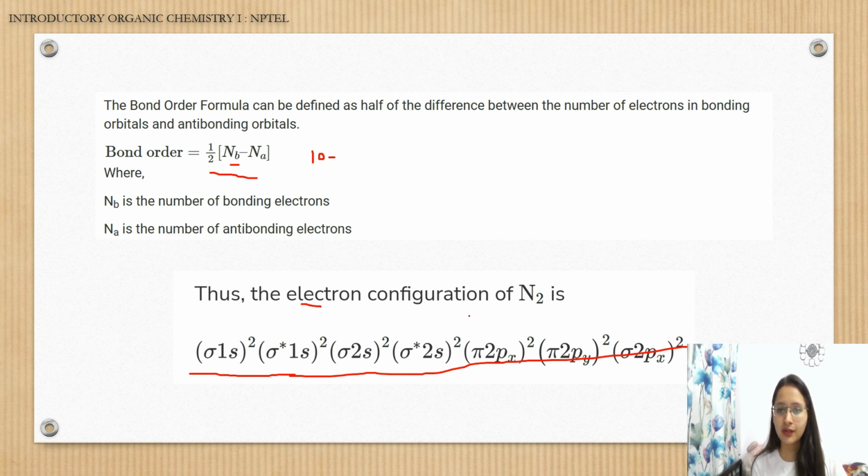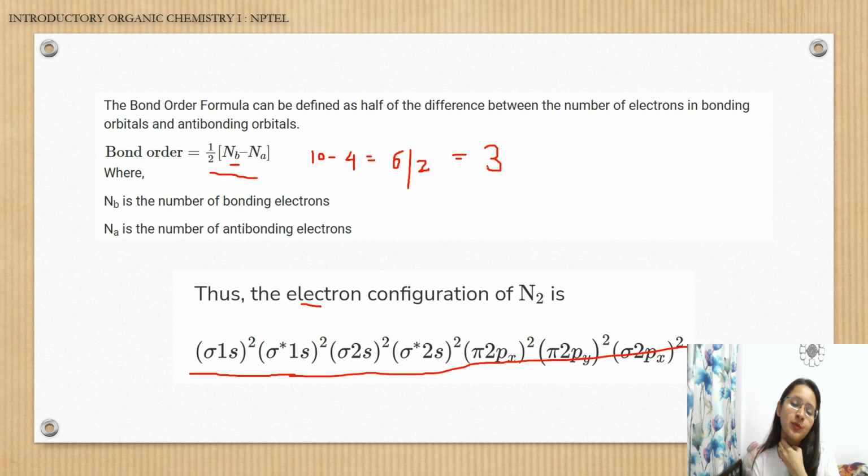Yeah, 10. Here we have to subtract the anti-bonding electrons. The anti-bonding electrons are 2, 4, only 4 are there. So 10 minus 4 will be 6. Now you have to divide it by 2.